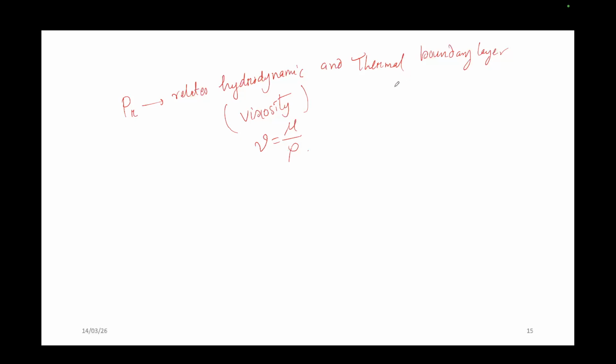Okay. Similarly in the thermal boundary layer, our main parameter I have talked about is alpha, which is thermal diffusivity, which is your k by ρCp. What is k? k is the thermal conductivity and ρCp is basically the energy storage, right?